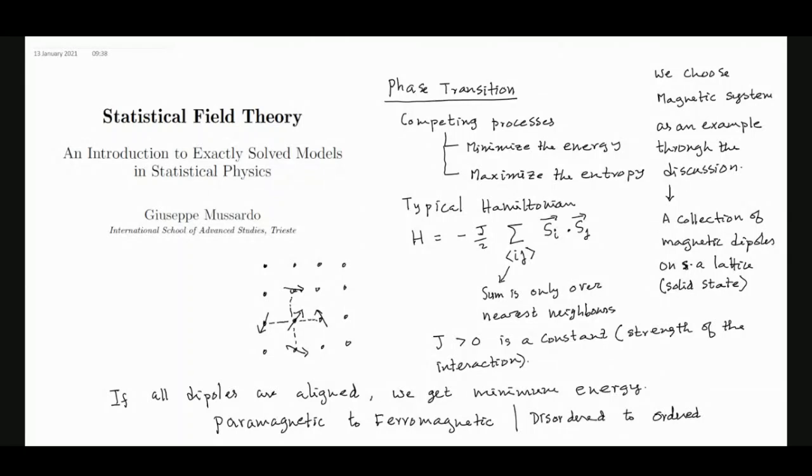As the temperature is lowered from the disordered phase, the thermal energy decreases, and as a result the interaction can dominate and you get an ordered phase. So this is high temperature, and this is low temperature, and there is some particular temperature at which this phase transition happens.